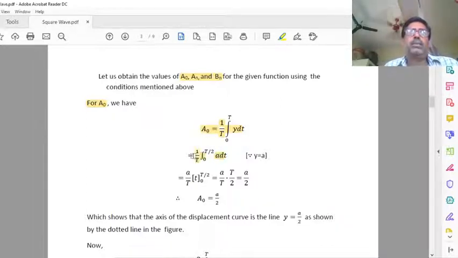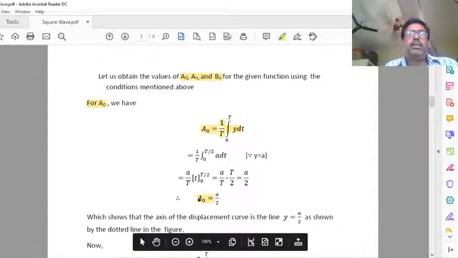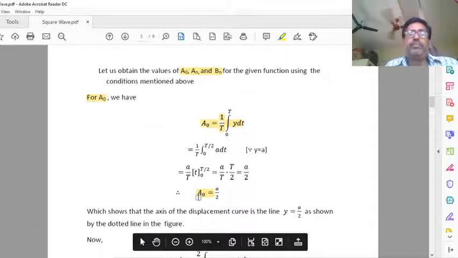So we take the first condition, 1 by T, where y is equal to A. When we replace y by A, we also replace the integration limit. Now we solve, and we get A0 is equal to A by 2.